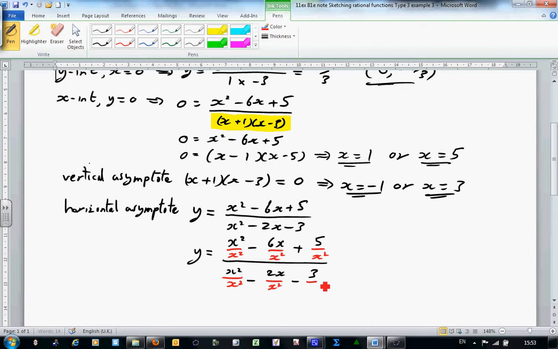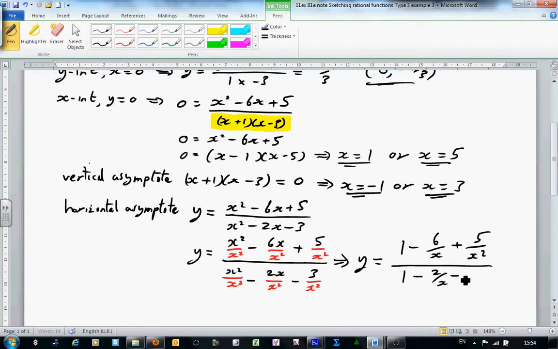Now, x squared over x squared is 1. X over x squared gives you 1 over x, and then nothing happens here. Then x squared over x squared is 1, and then we're going to take 2 over x, and we're going to take away 3 over x squared. Now this is the point where we're going to make x extremely big.